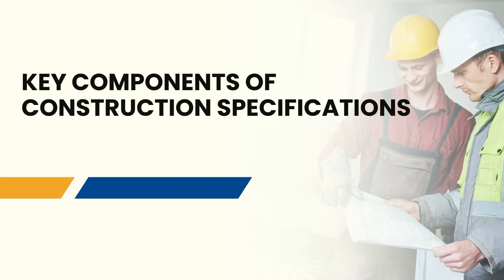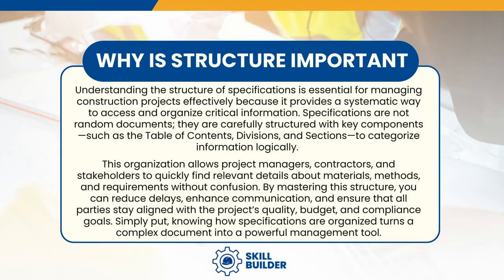So the key components of construction specifications. First, we've already talked about in the mini course what specifications are and why they're important, but this structure of how the specifications are organized is critical.